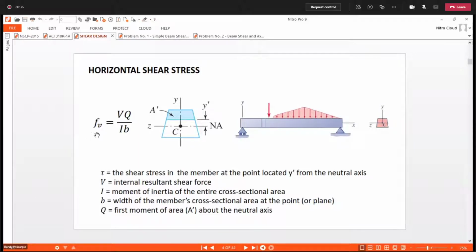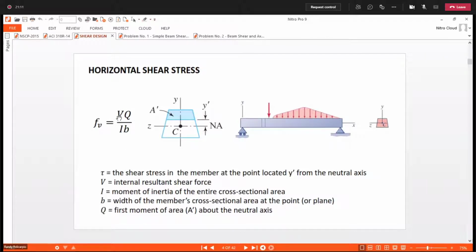Tau represents the shear stress. So this is the shear stress in the member at the point located y prime from the neutral axis. If you're considering this section, you're looking for the shear stress at this line. All you need is to make use of this formula.